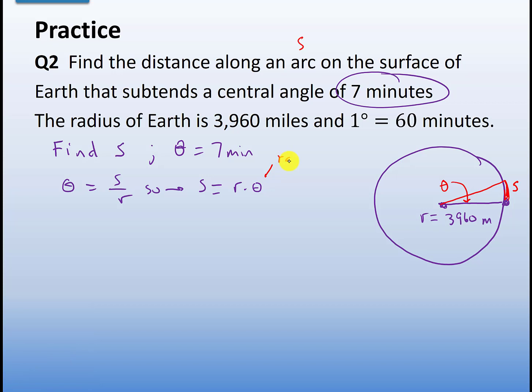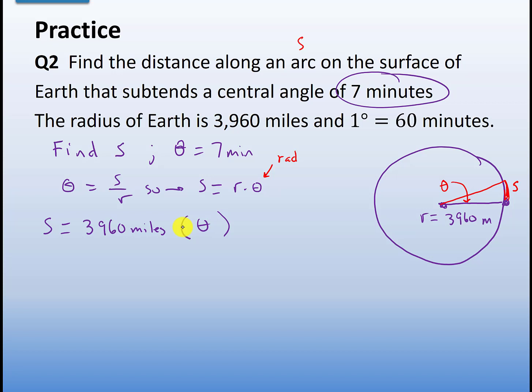Theta must be in radians if we're going to use this formula. Okay, so we have something that will help us find S. S equals R, 3,960 miles, times theta.